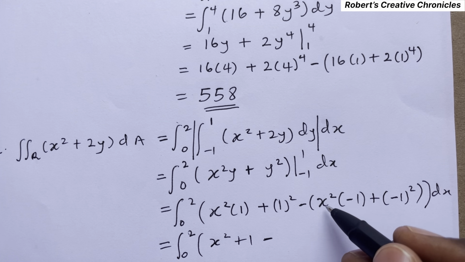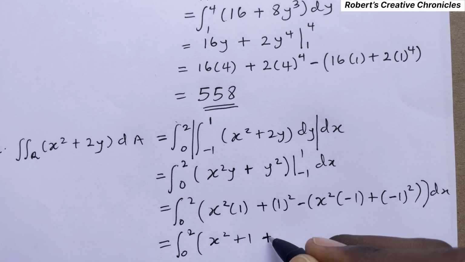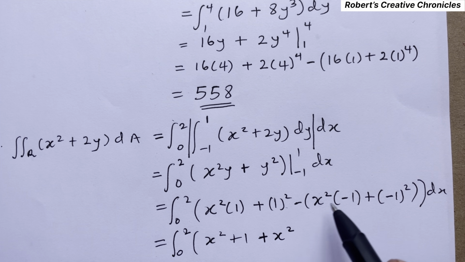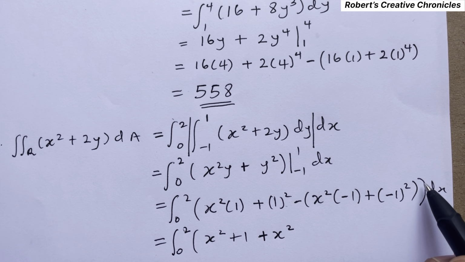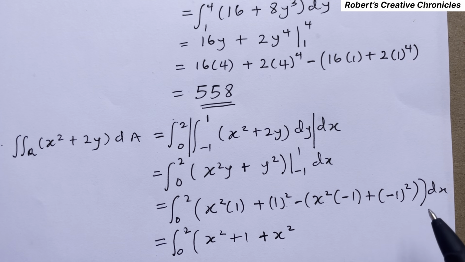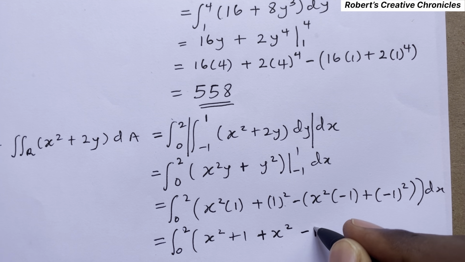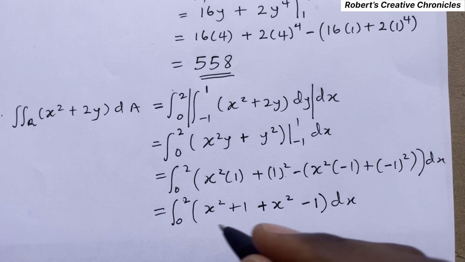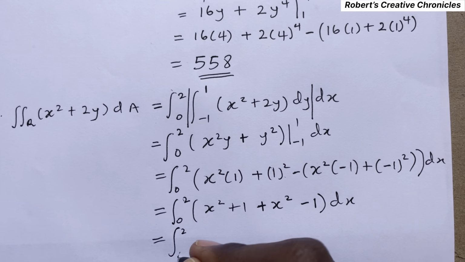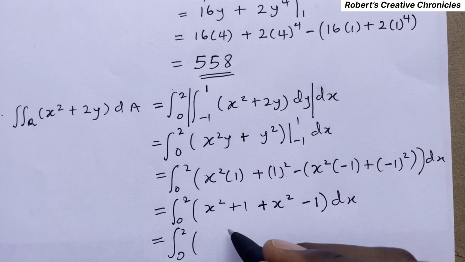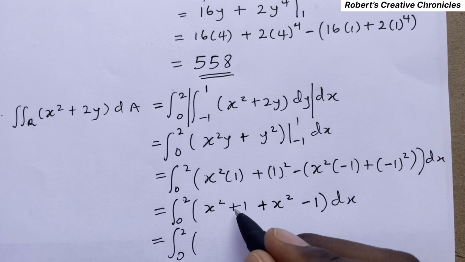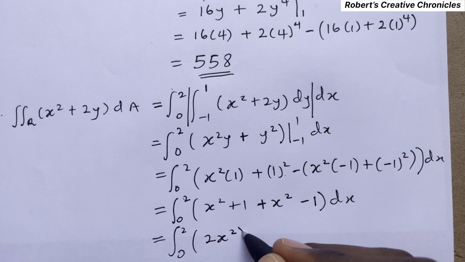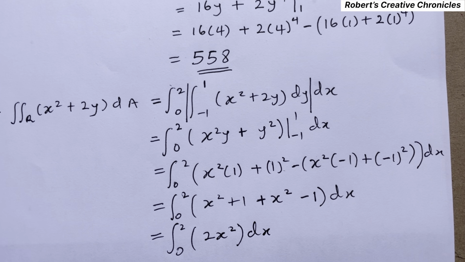So minus times this is plus x squared. Then minus 1 squared is 1, so minus times 1 is minus 1. The x. So this becomes 2x squared, because 1 minus 1 is 0. So this becomes 2x squared, the x.